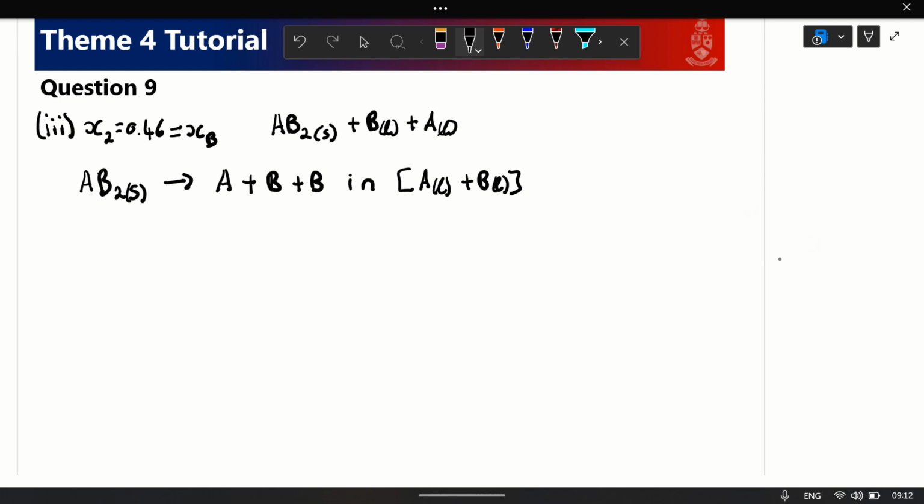So we're looking for something like the number of moles expressed as a fraction of something. For example, the number of moles expressed as a fraction of the number of moles of A. So we'll get to that notation. The number of moles of AB2 divided by the number of moles of A will give us the solubility, right? So let's call it the solubility.